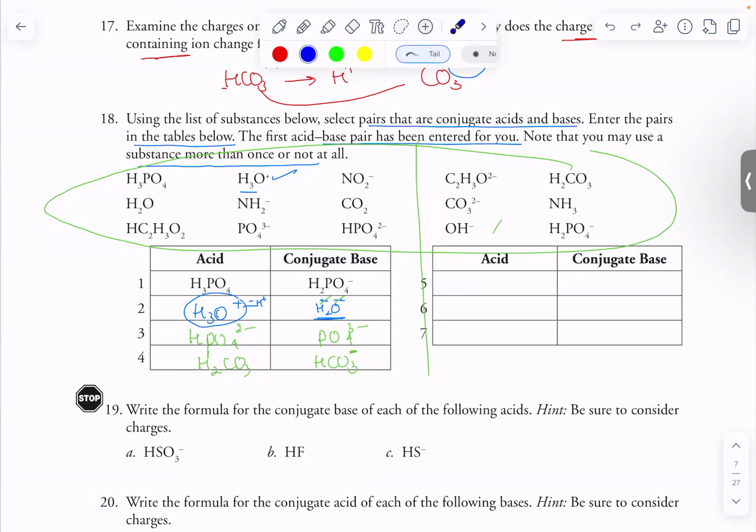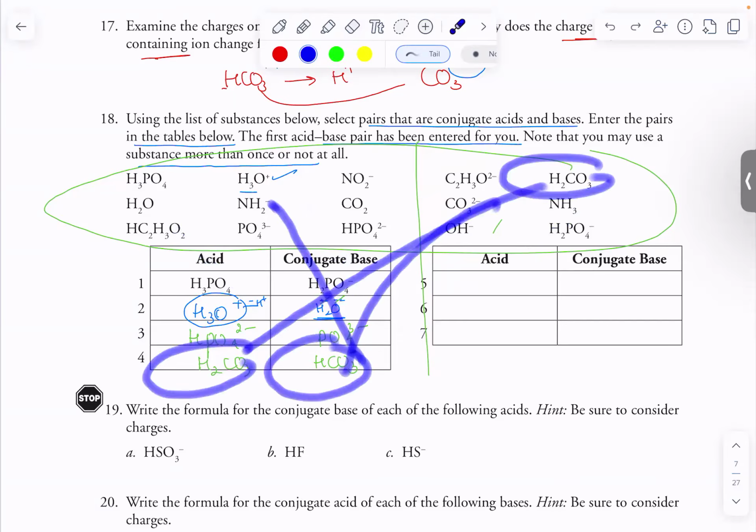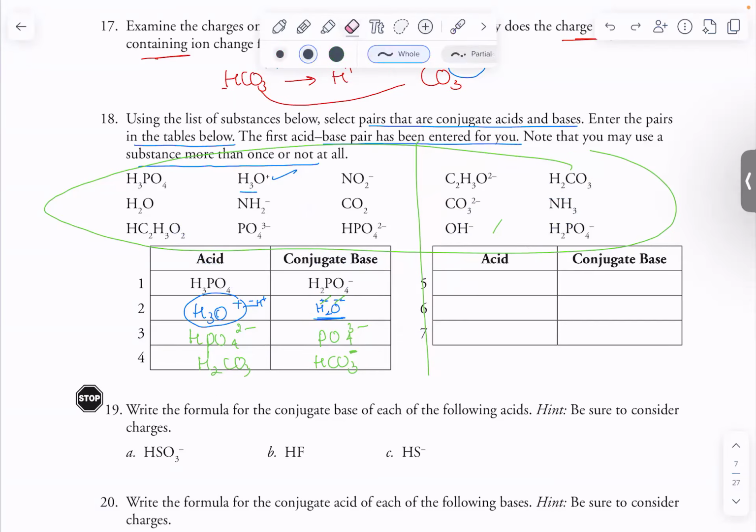Can you find HCO3 minus in the list somewhere? No, I don't see it. So then you can't use it. H2CO3 is here, but the other part is not in the list. We need to pick those conjugate acid or base pairs where both of them are there in the list. If one is missing, we can't pick that.